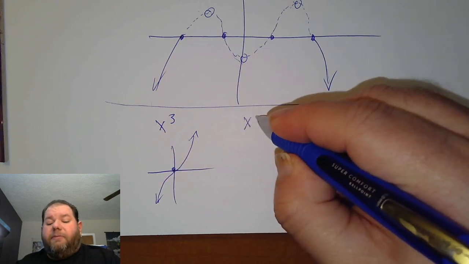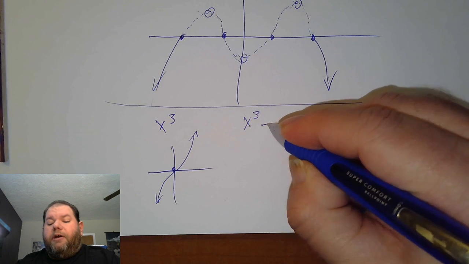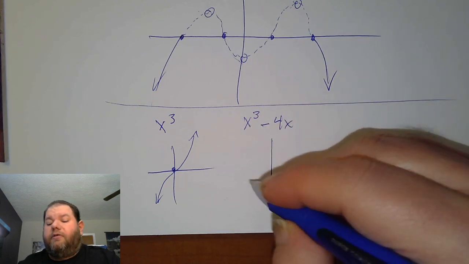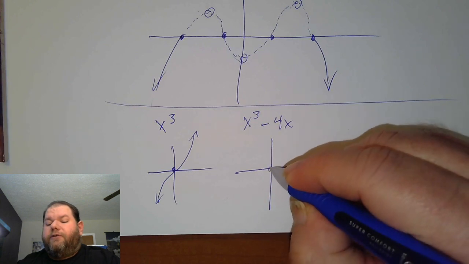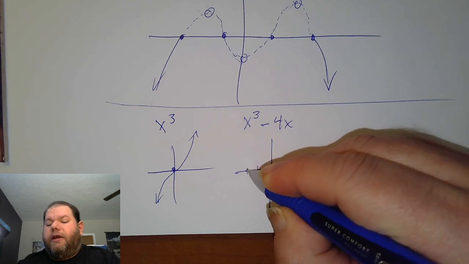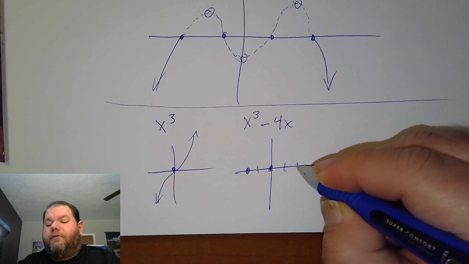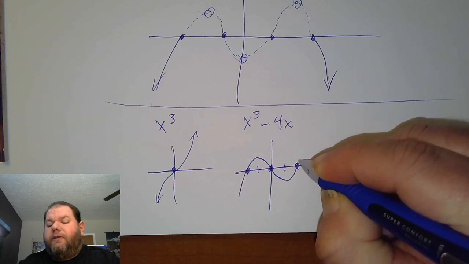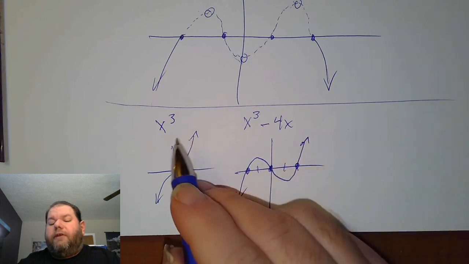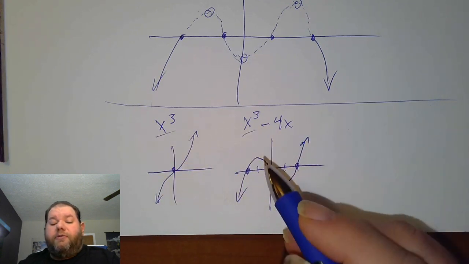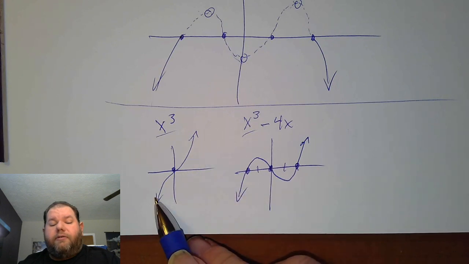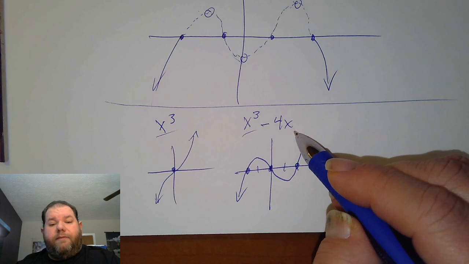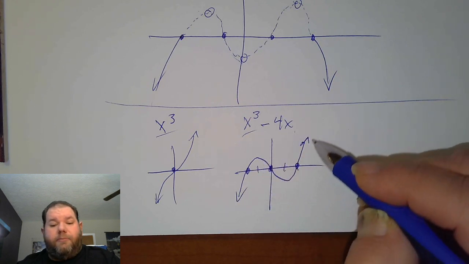But if we had said something like x cubed minus 4x, for instance, we know that has a 0 here, then also at -2 and also at +2. And the graph will do something like this. It has the same leading term, so we know that it goes up right and down left, which it does here also. But with the extra term that follows, it has more going on in between.